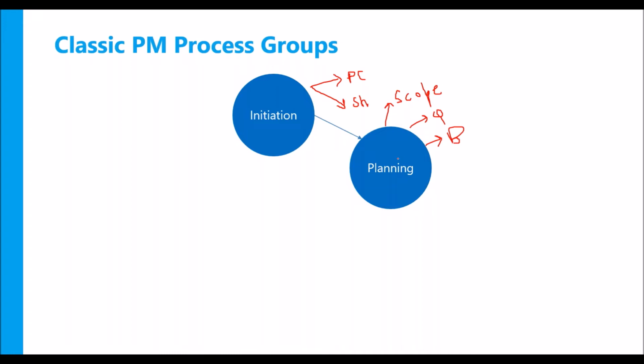Now, if you look at it, this is sequential. I initiated the project, I have defined the project charter, then I started planning for the project, like scope, quality, and budget, right? Now, so sequentially, next in line comes executing, right? That makes logical sense. You have planned for a project, it's time for you to start executing your project.